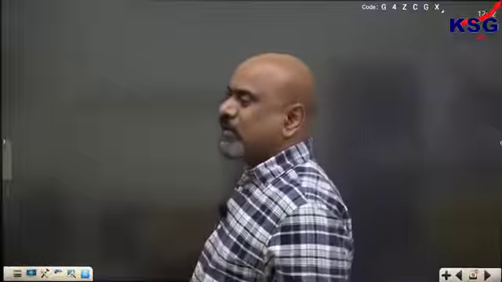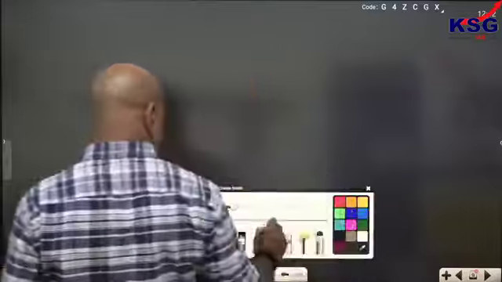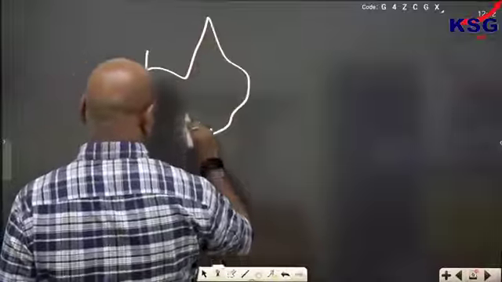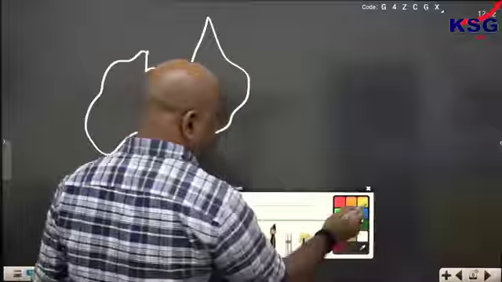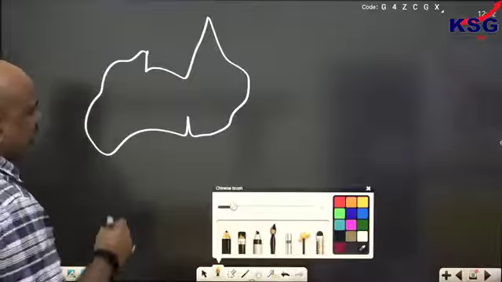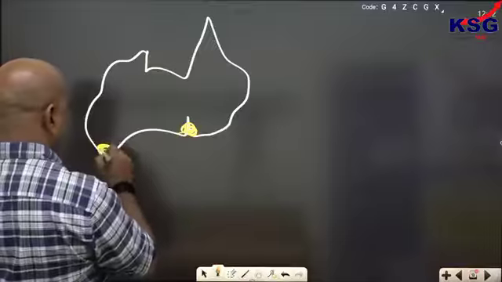Okay, what are the other regions in Australia where you will find this? In Australia also you will find this type of climate. In Australia, two regions, this area and this area.